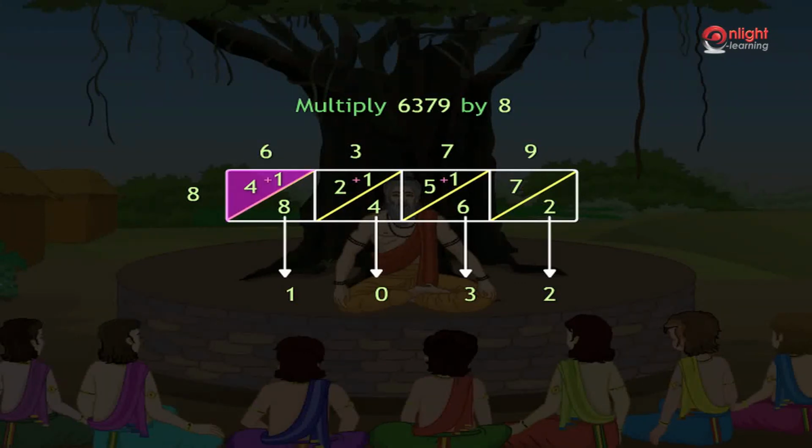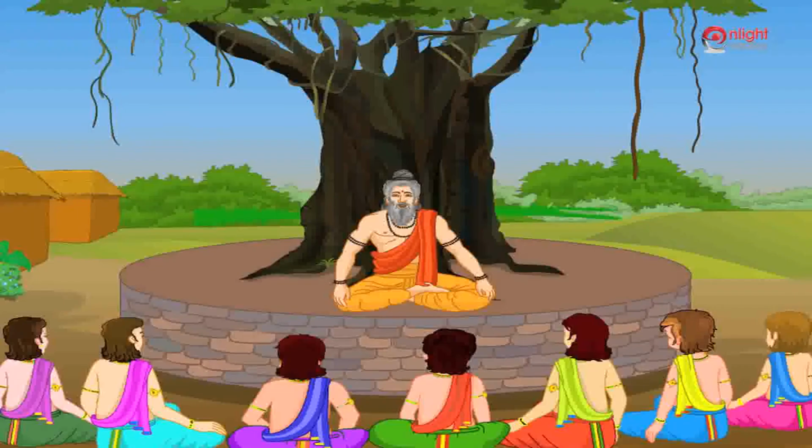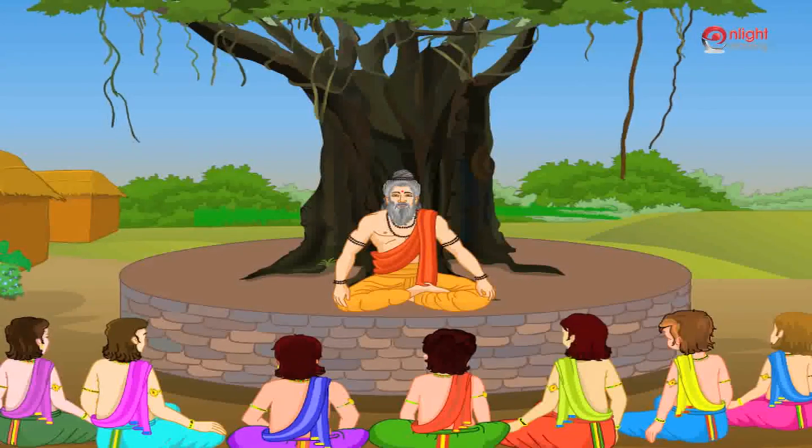Now the numbers left along the diagonal are 4 and 1. Add them and write it down. So it is 5. Hence the product of 6,379 and 8 is 51,032.